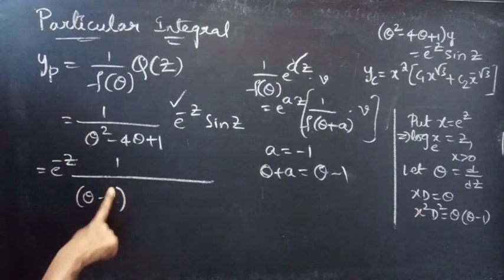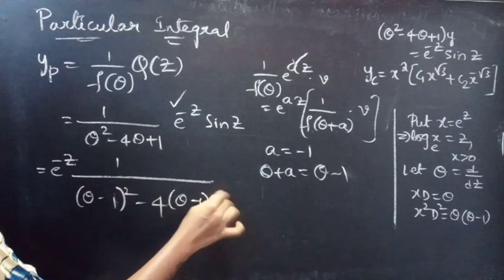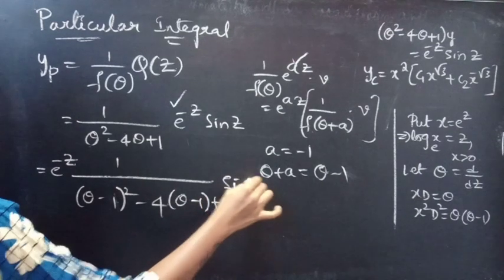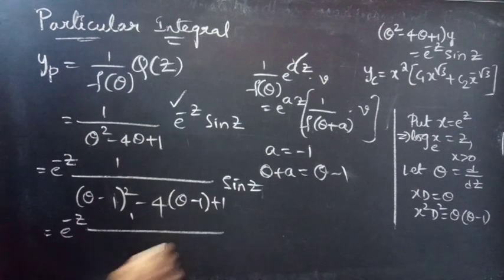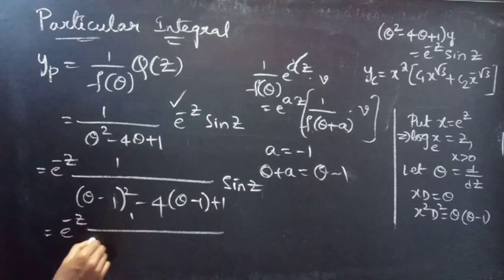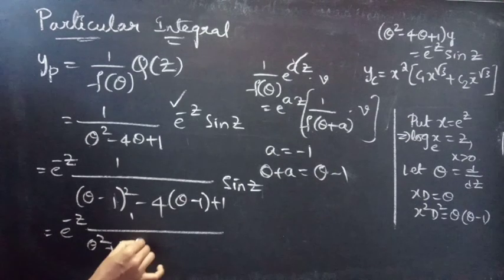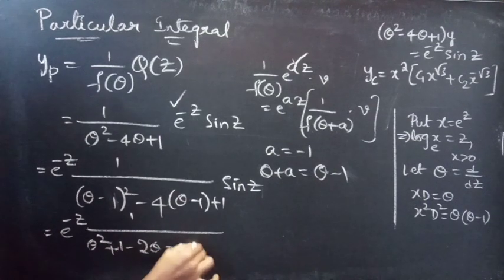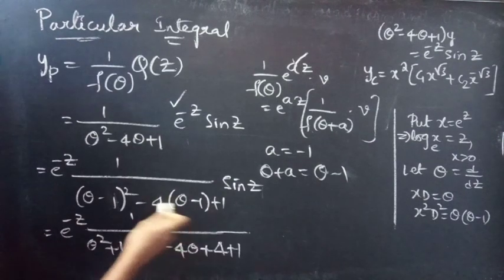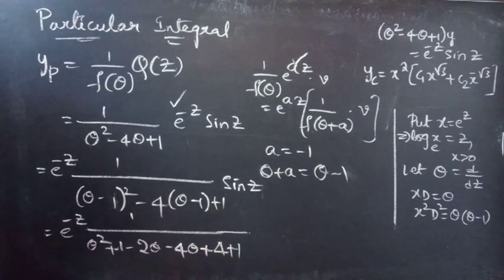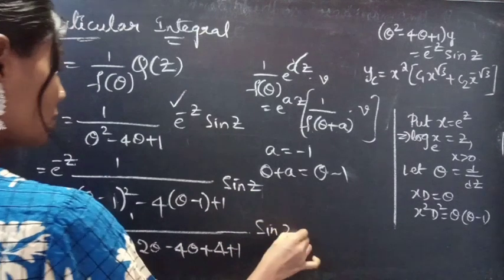We'll get (theta minus 1) whole square minus 4 into (theta minus 1) plus 1 into sine z, equal to e power minus z into 1 by expand (theta minus 1) whole square. We'll get theta square plus 1 minus 2 theta minus 4 theta plus 4 plus 1. Minus 4 into minus 1 is plus 4, plus 1, into sine z.